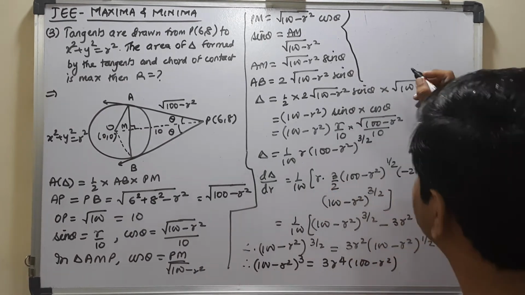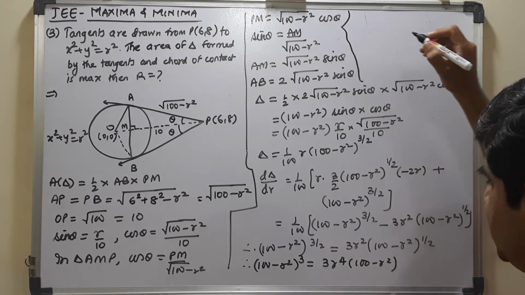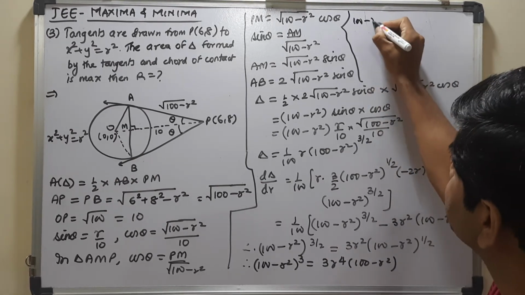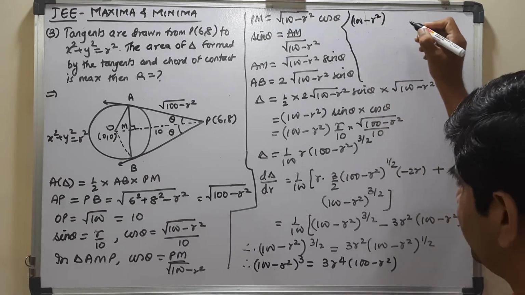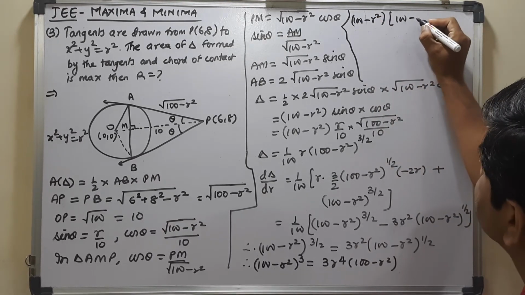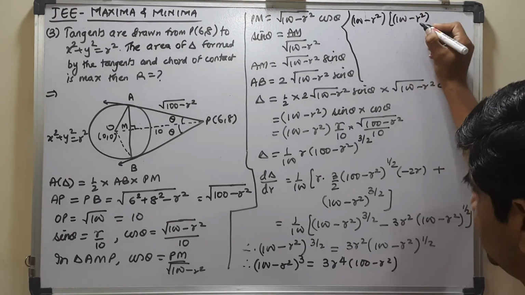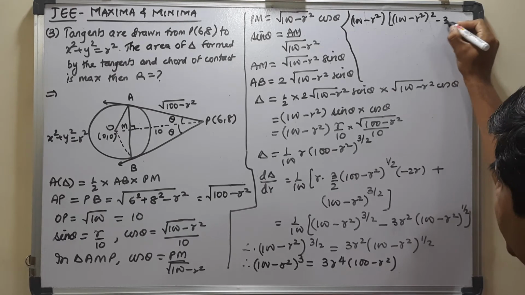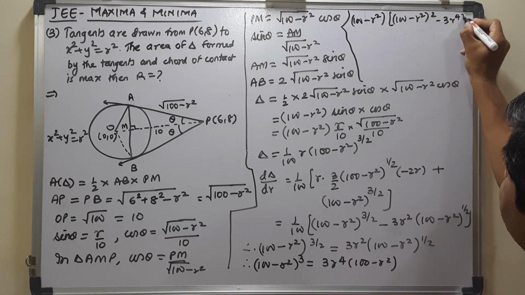So I get 100 minus r square common, 100 minus r square into bracket, this will become 100 minus r square the whole square minus 3r raised to 4.